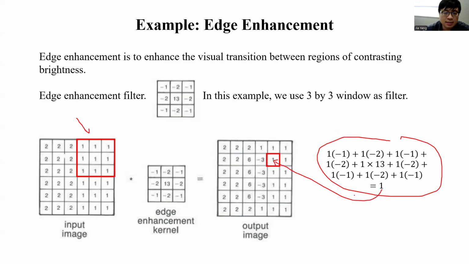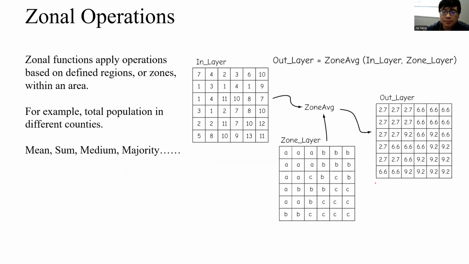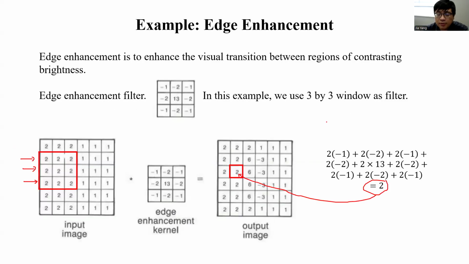Then we move to the next 3 rows, to this place, with our new moving window, and we get the output, the value is 2 here. That's the value for the central pixel. If you look at this, after we applied the edge enhancement operation, the left side is 6 and the right side is -3.